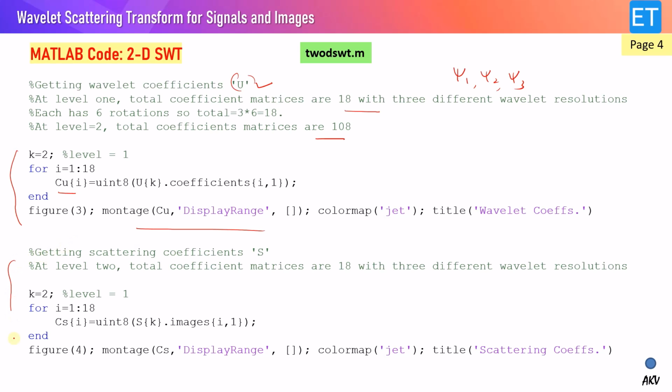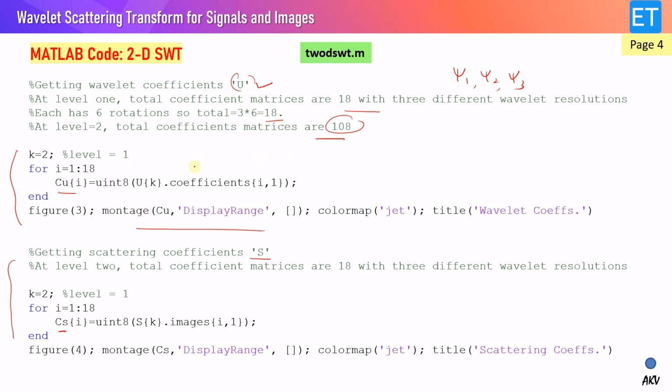And here I am taking the scattering coefficients from S. With similar commands, I am getting all the scattering coefficients after the first filter bank, and they are going into CS. I'm not going into the second label because there are total 108 matrices, so it will be difficult to show them on the screen. At label 1 there are only 18 matrices, so I can show them.